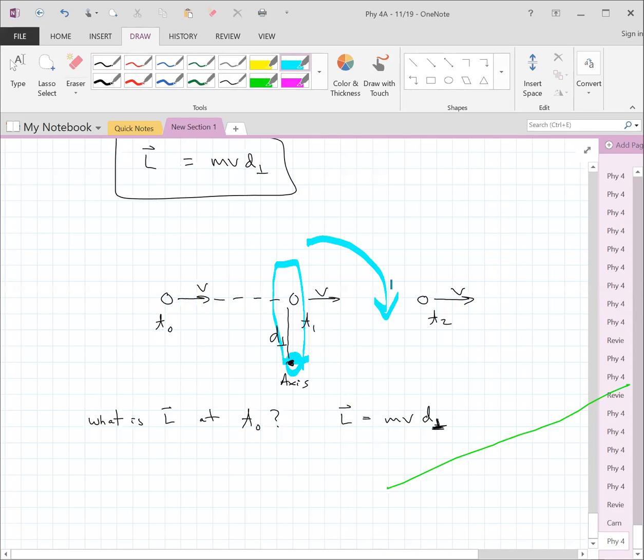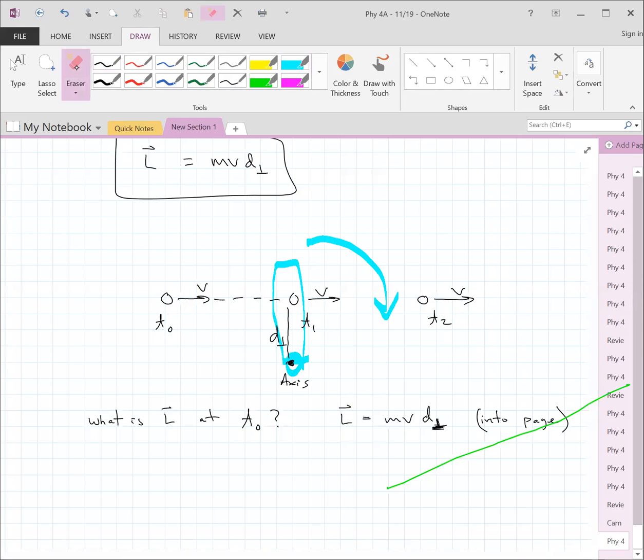It would rotate clockwise. So this would cause clockwise rotation. So the angular momentum is in the clockwise direction or into the page. Right, use your right hand rule.